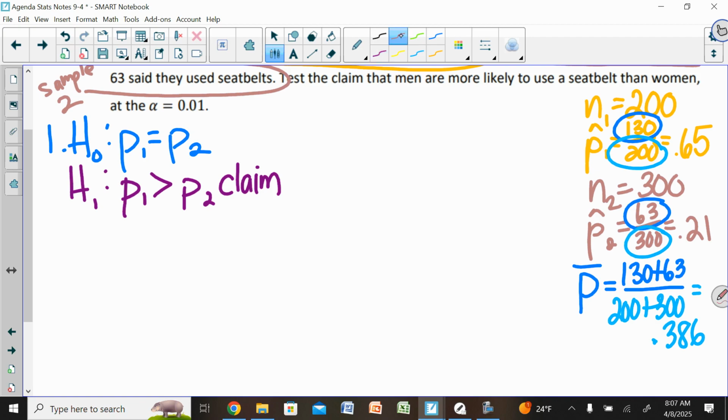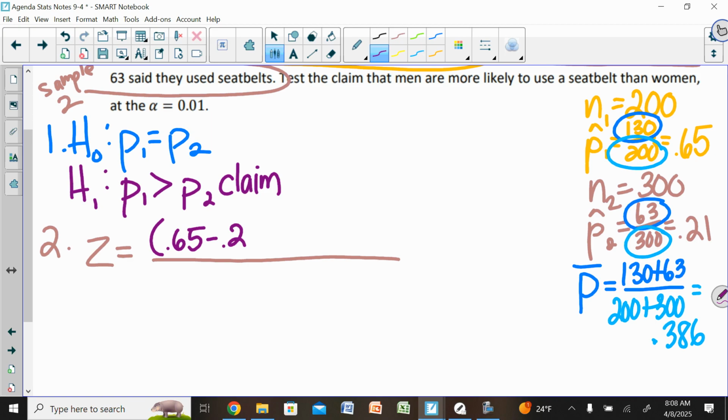So step 2, we're going to go ahead and calculate our test statistic. So we've got z equals, I should have copied over that formula. We know we're going to do p hat 1 minus p hat 2. So 0.65 minus 0.21. Remember, it's minus 0.